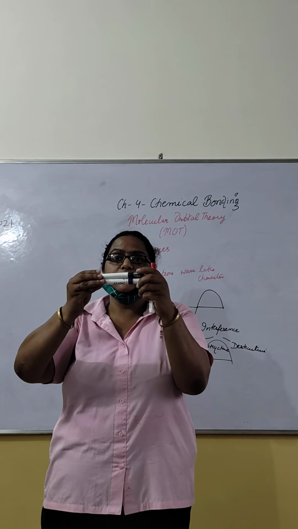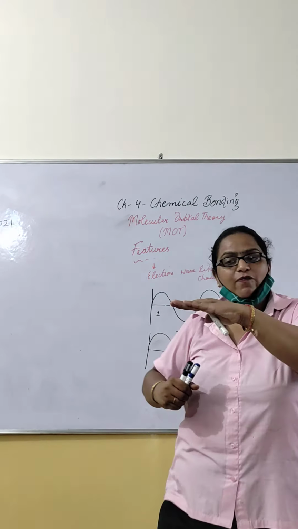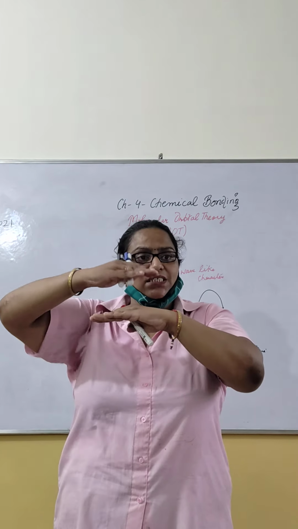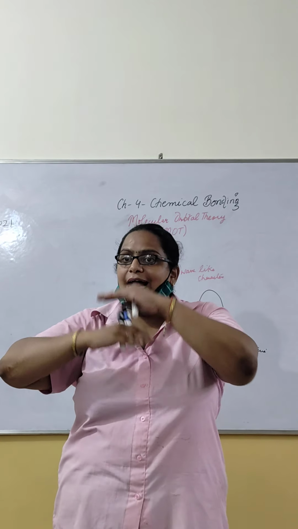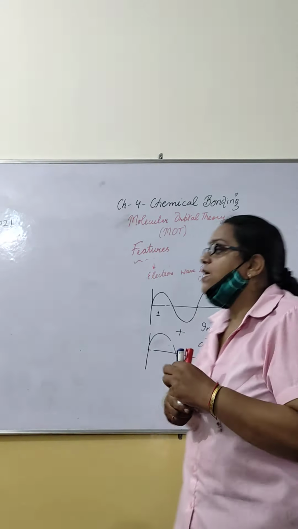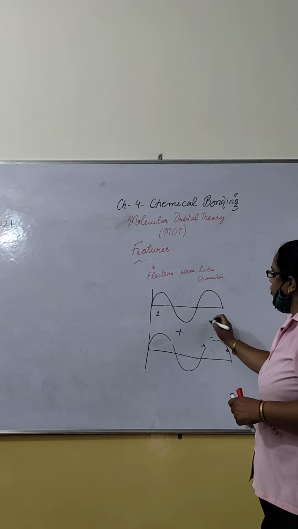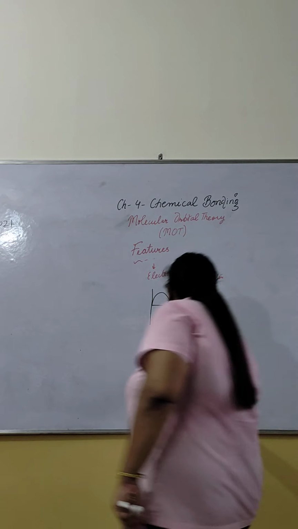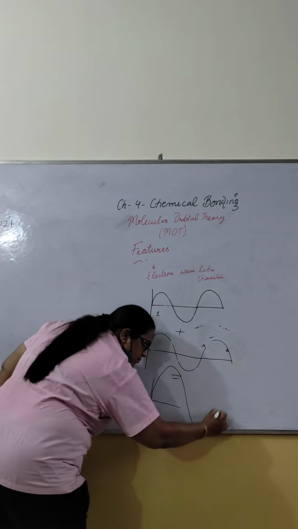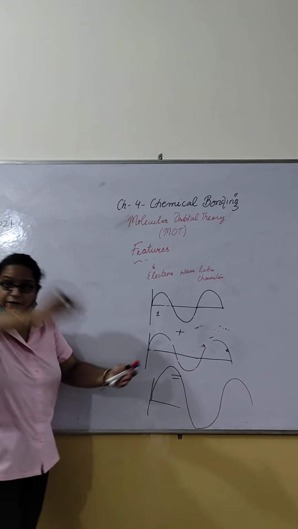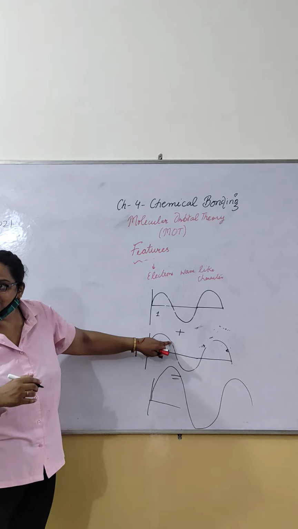They are in phase, parallel to each other. The crest of one wave overlaps with the crest of the other wave, and the trough overlaps with the trough of the other wave. So your resultant wave will become bigger, because complete addition is there.